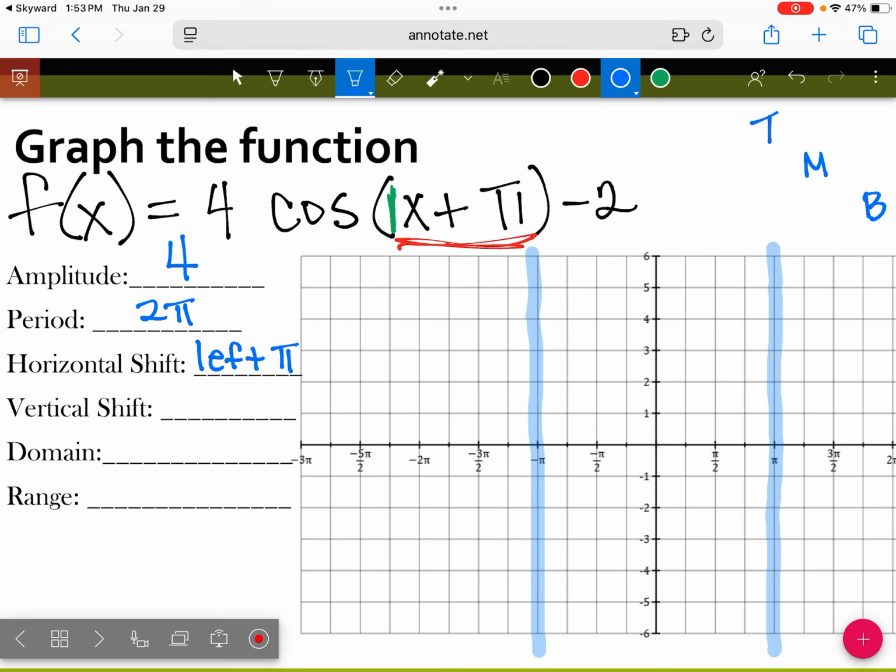All right, what about vertical shift? Down. Down how many? 2. All right, that's my new middle. I'm going to draw that in too. Okay, that's all we need. Now we know our pattern.